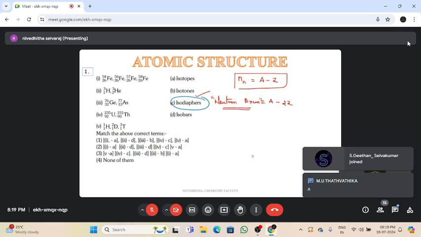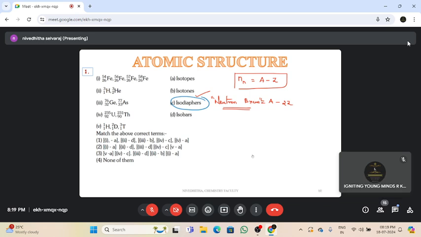Okay, Tatvatika's answer was option A. How about the rest of the students? Okay, see, the first species seems to have the same atomic number. Whenever you write any element, there is the symbol of the element, and at the bottom we write the atomic number, and at the top the mass number, right?